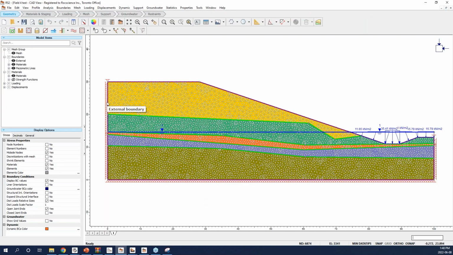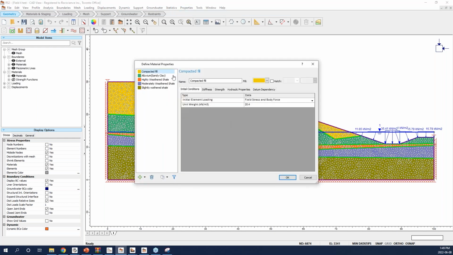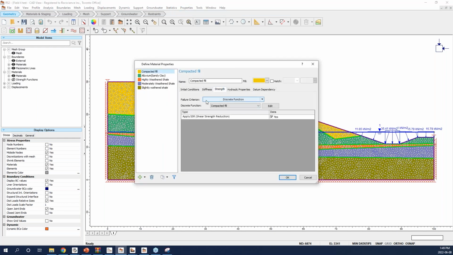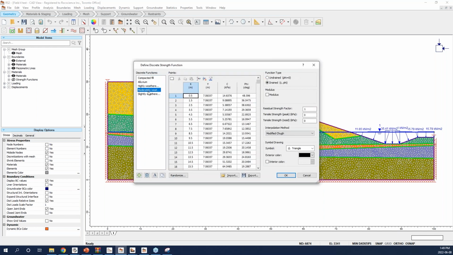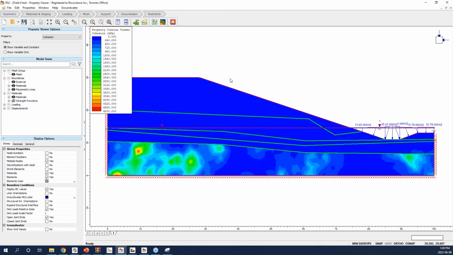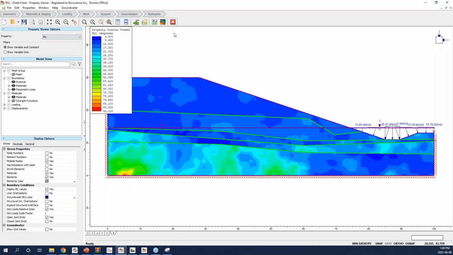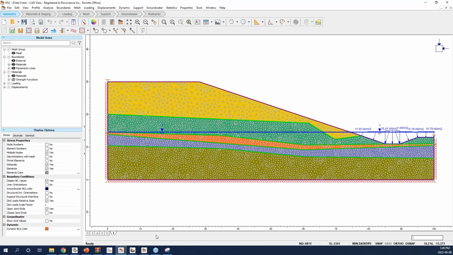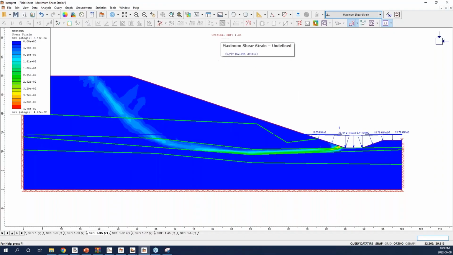So basically, you can just drag and drop a Slide model into RS2, and it's going to take all the properties from Slide to RS2. You can see that these are all the layers that we have as discrete function. And in RS2, we have a property viewer as well, the same as Slide. And if you look at the results of RS2, factor of safety is 1.35, very similar to Slide.